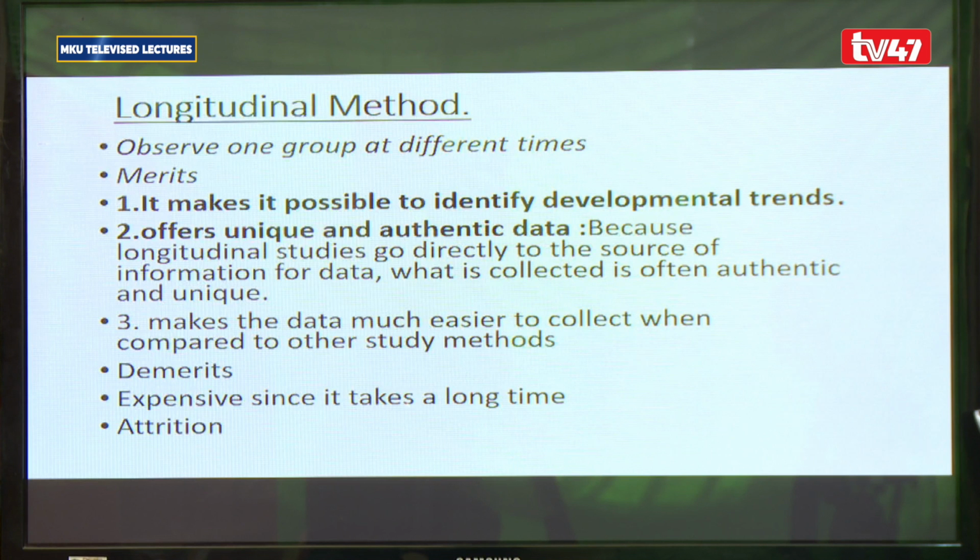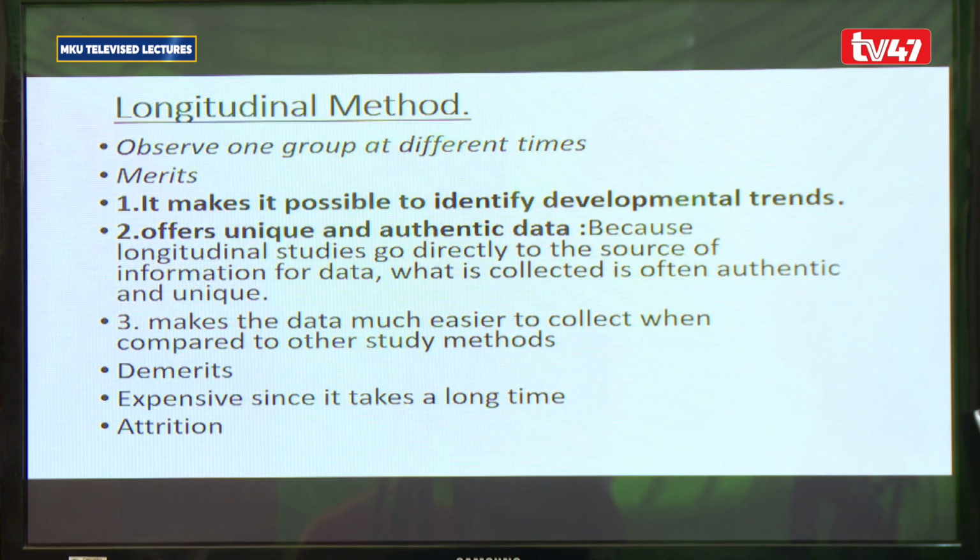Meaning, here the researcher selects one group and observes a behavior of interest in terms of human growth and development for a long time. And this long time is not 2 days, 1 week. It is anything to do with 5 years, 10 upwards.